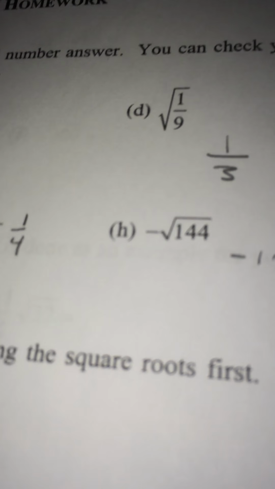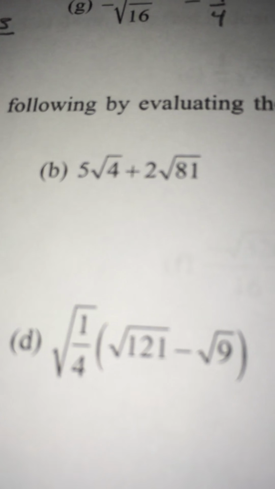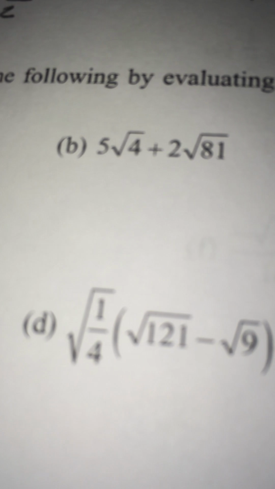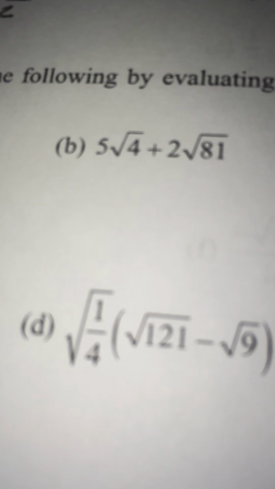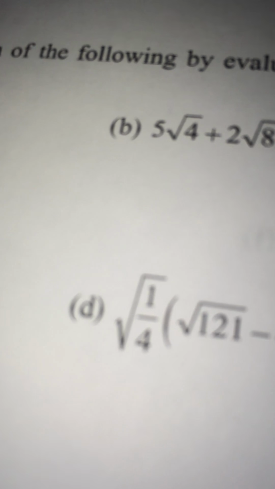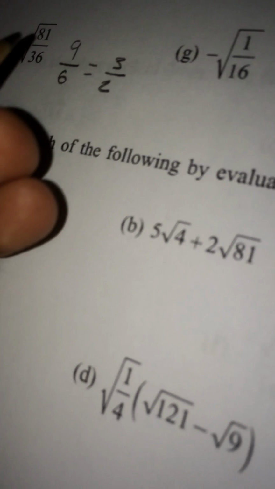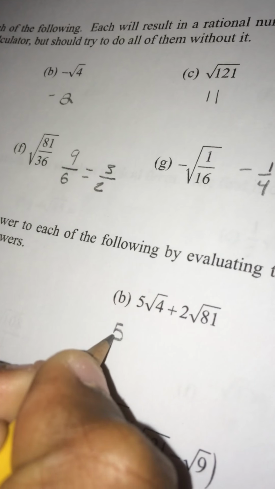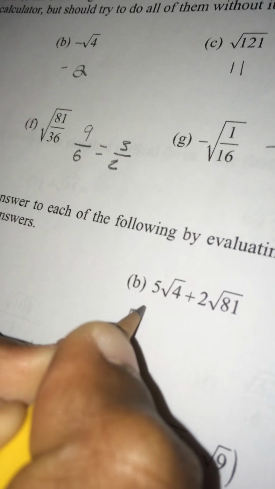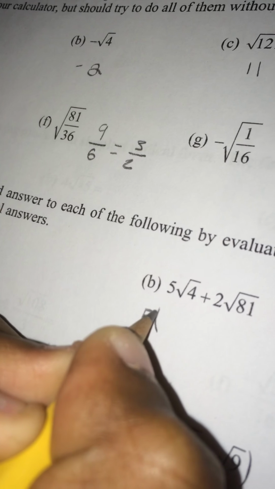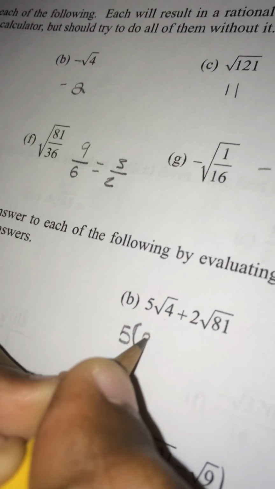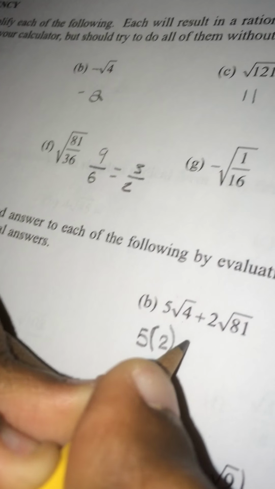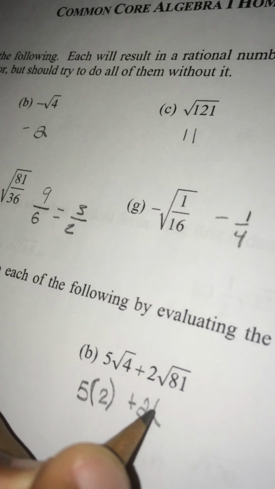Let's move on to the second one. 5 square root of 4 plus 2 square root of 81. This may seem a little weird, but don't worry, we'll get through it. So, we will do 5, put parentheses for the square root. Square root of 4 is 2, close parentheses, plus 2, square root of 81 is 9.